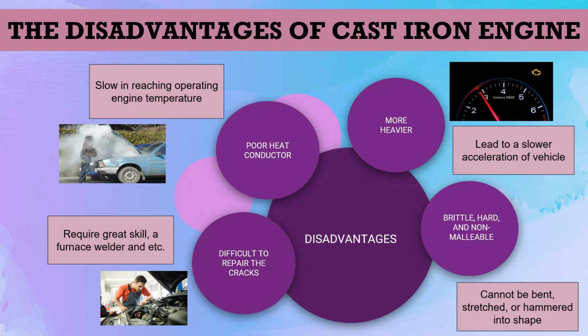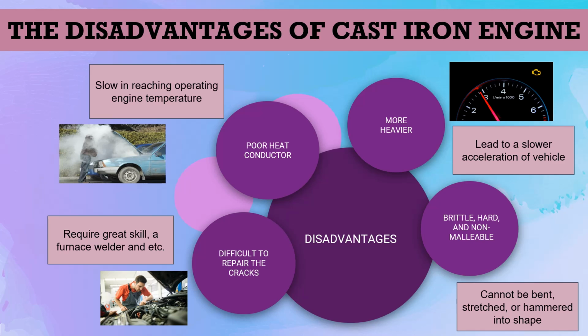So, the cross-sections of the components of cast iron are made thick, strong, and sturdy to withstand the loads required to be sustained. So, due to the heavier weight of cast iron engine block, it leads to slower acceleration of the vehicles and takes more fuel to move it around.